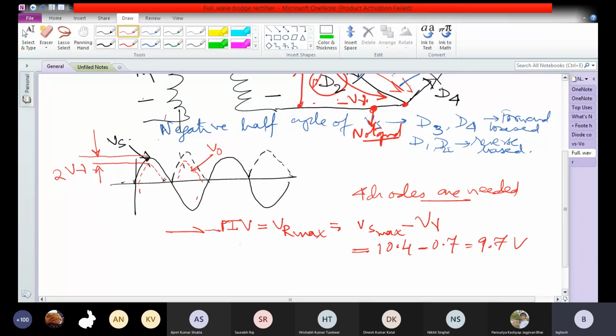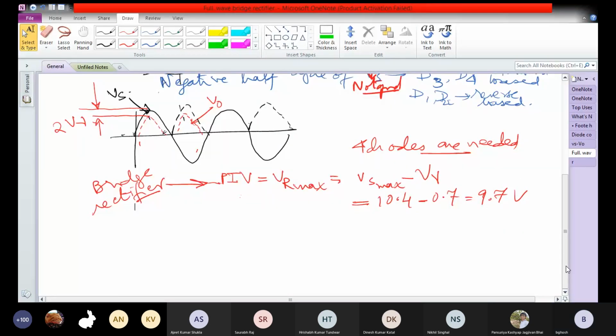That is for the bridge rectifier. Compare this with the full wave rectifier, the center tap transformer. PIV was VR max.